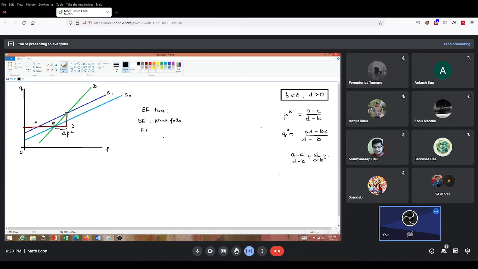So the consumers gain by this, and if DEF is the tax, the decrease in price for the suppliers is DF.